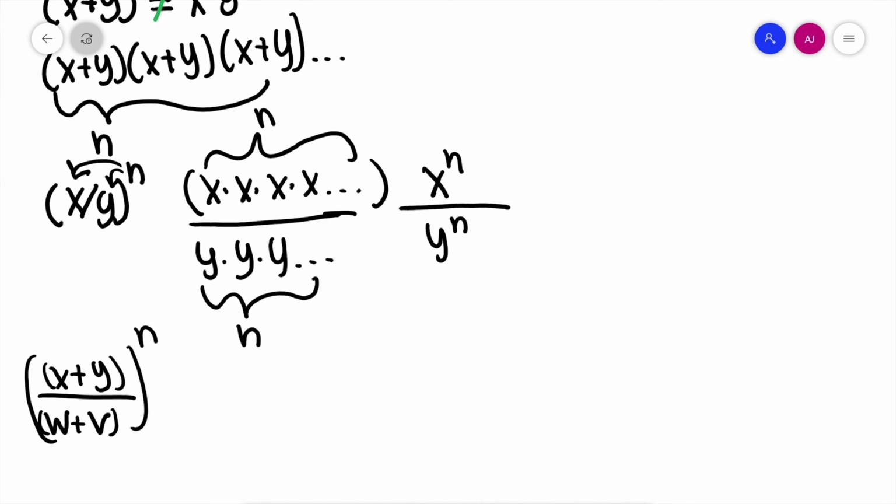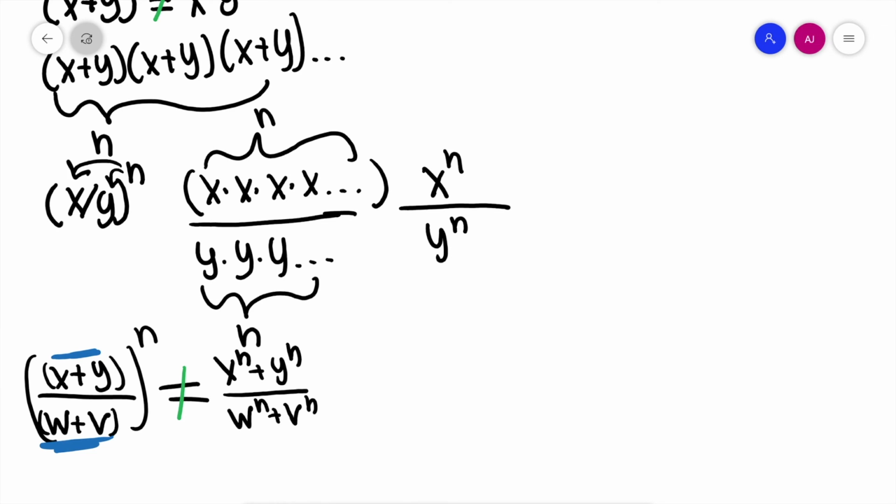So you cannot make it, this does not equal x to the n plus y to the n over w to the n plus v to the n, right? Because you just have to make sure you get your order of operations straight. Like this thing is one quantity, right? And so is this. You can't separate them to exponentiate.